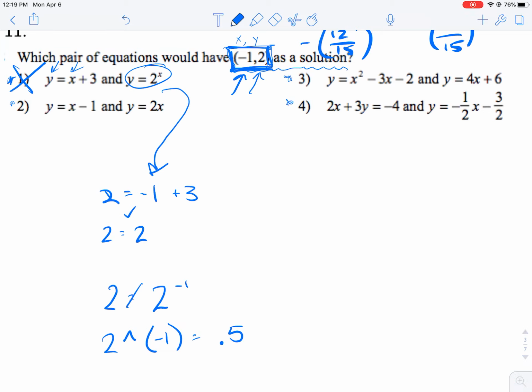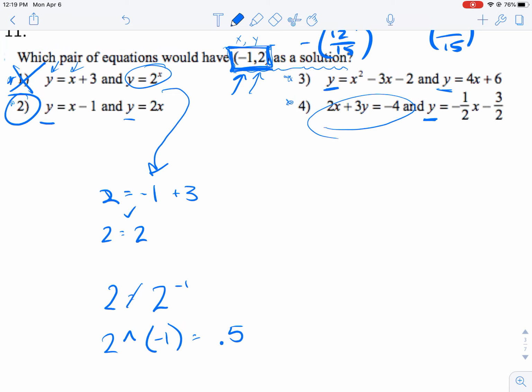When you plug that into your calculator, you should get 0.5. So this is not equal to that, and we would cross out that point. But because all of these are set equal to y except for this one here, I would just plug these into your y equals.